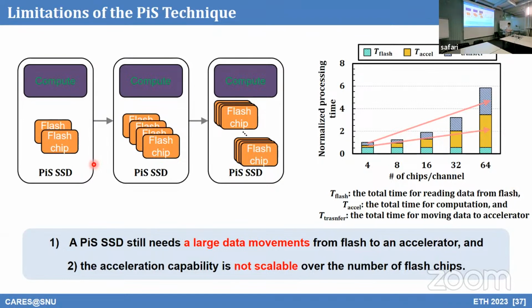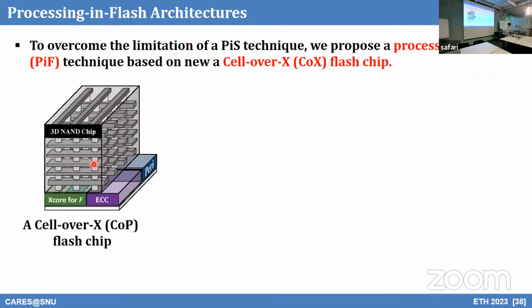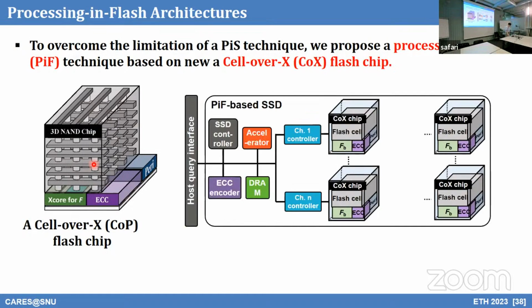You don't need to transfer data, and also the accelerator is in every chip, so acceleration capability becomes scalable. Okay, so this we call processing in flash, and this acceleration function we call X-core. This flash architecture we call cell level X, so we call it CUX. So this is the cell level X flash chip.